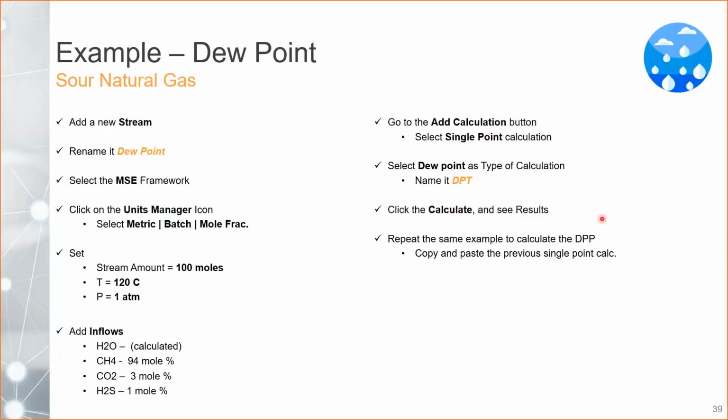So the first example that I am going to talk about today is the dew point. The dew point is defined as the temperature or pressure at which a condensable component present in a gas starts to condense into a liquid, okay? Let's say in this case our chemistry is methane, CO2, and H2S, and we have a very small amount of water.